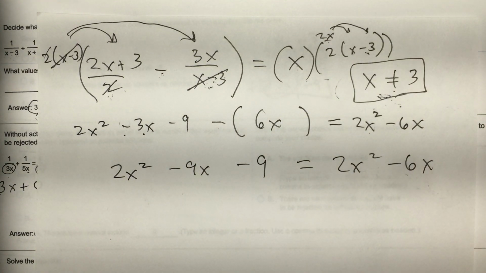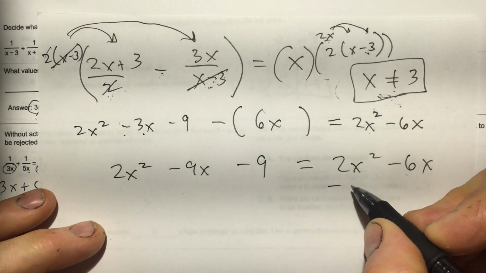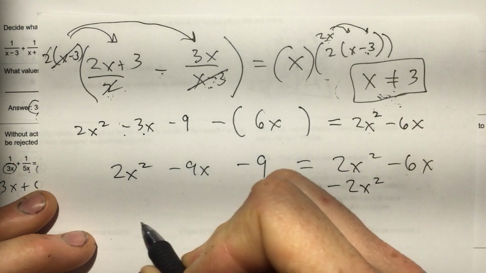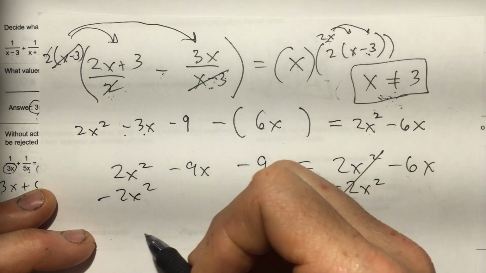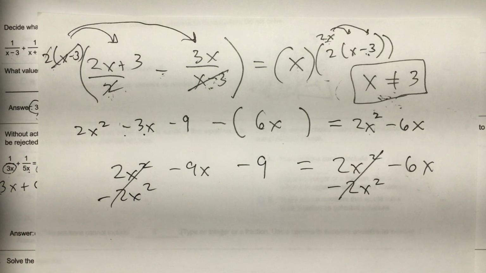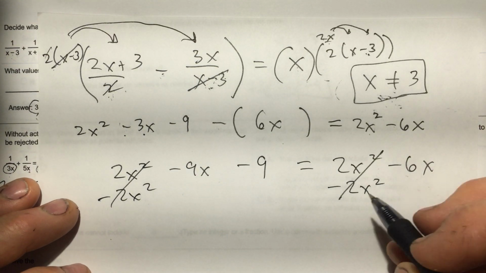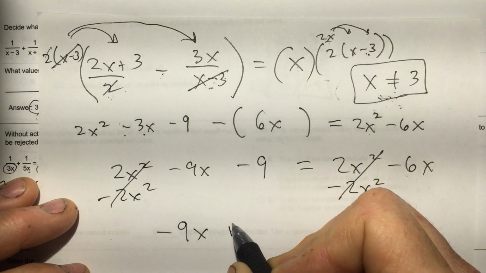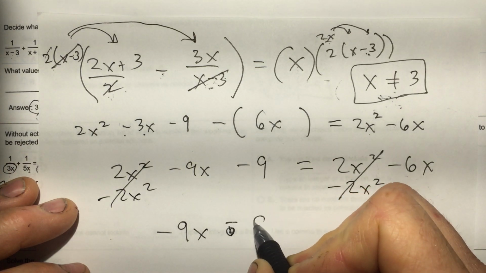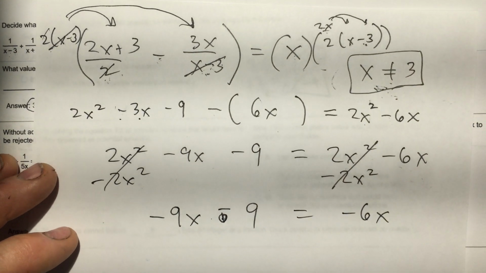Okay. And see, I got x squared here, so I'm going to have to get them on one side. So I'm going to have to minus 2x squared. And this cancels off, and it cancels off over there, too. And then, let's see what we got. We got negative 9x, not plus, minus 9 equals negative 6x. Okay.